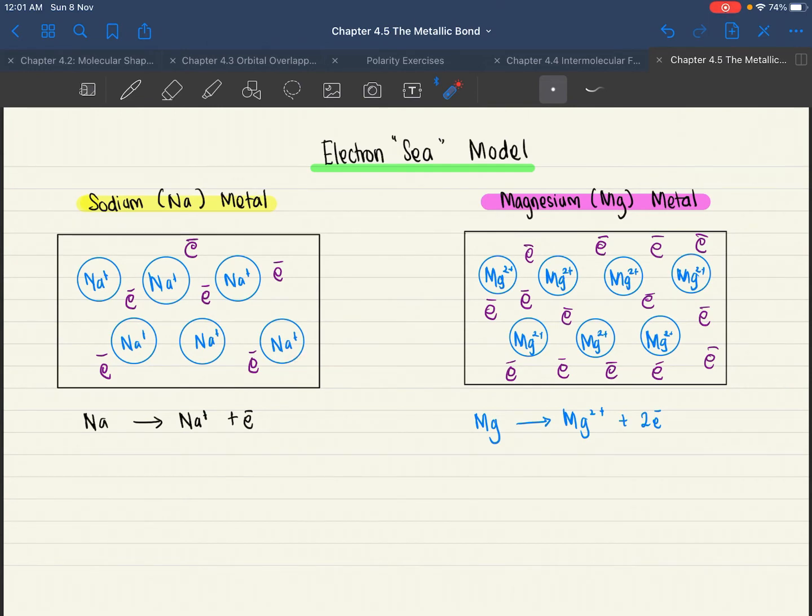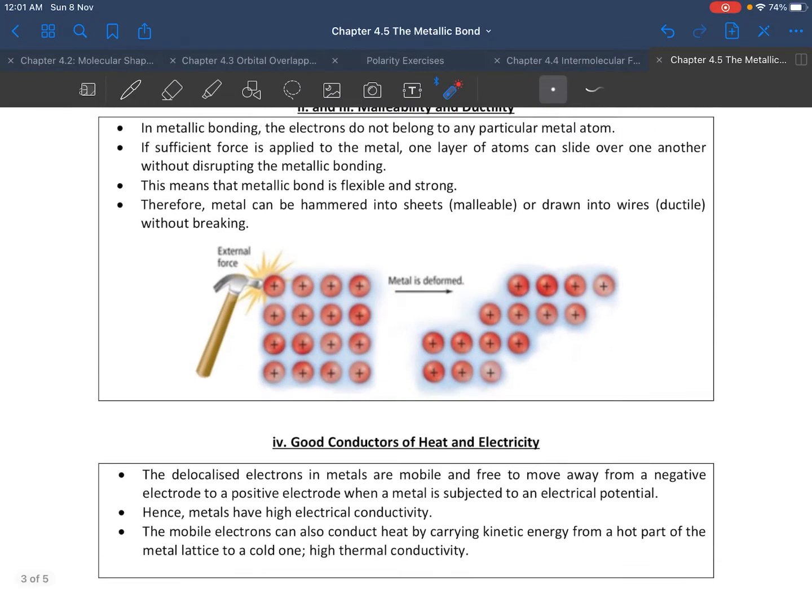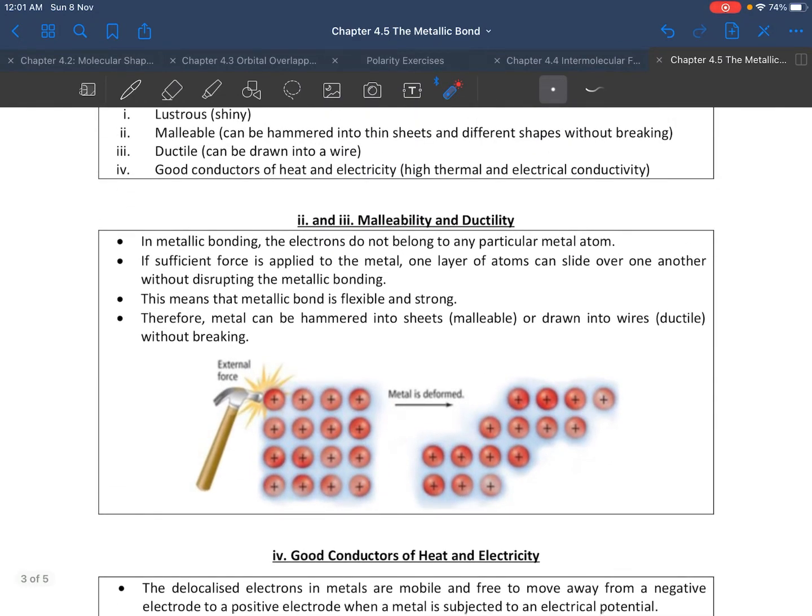Okay, so kiranya since metal ion yang positif tu tersusun cantik je, and ada elektron between dia, so kalau kita hammer dia, kita hit the metal using hammer, and then one layer of atom tu akan slide. So macam ni, satu layer of metal tu akan slide over one another without disrupting the metallic bond. That means metallic bond tu masih wujud, tapi metal ion tu dia dah bergerak.